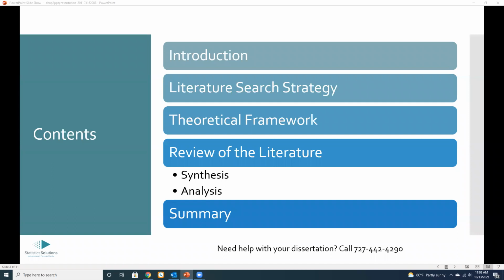It may be that only a certain kind of research has been done on your topic, and you're going to do a different kind of research. So whatever the research problem is, your literature review in part should help to drive that argument of why your study is needed.